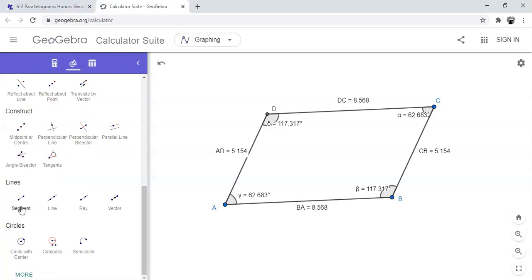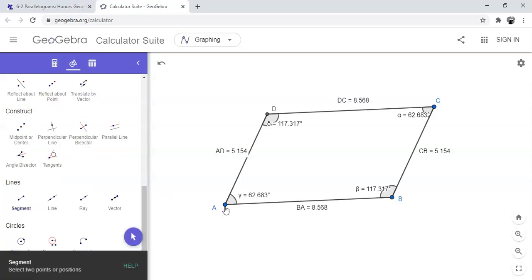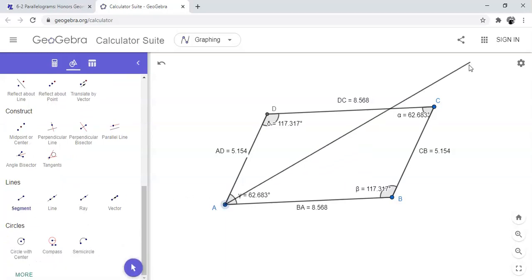So what if we had drawn in a diagonal? Now that might seem unfair, right? Mr. Poppy, you didn't say anything about diagonals. Well, okay, but we can always add stuff to a diagram. So now it kind of looks like a problem we would have had when we were proving triangles congruent.